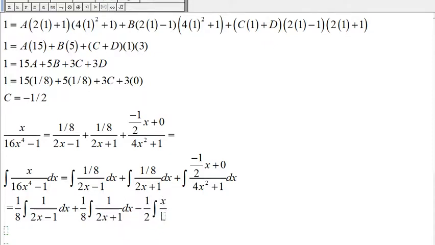Then we have x divided by 4x squared plus 1 dx.